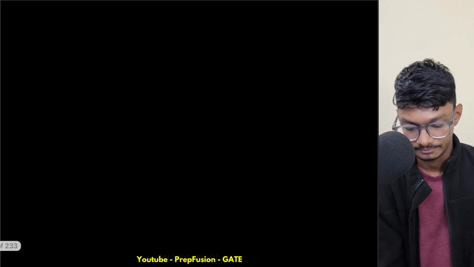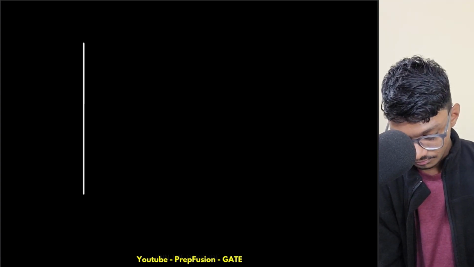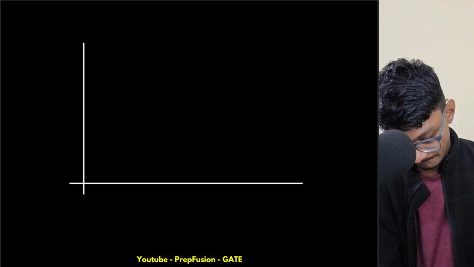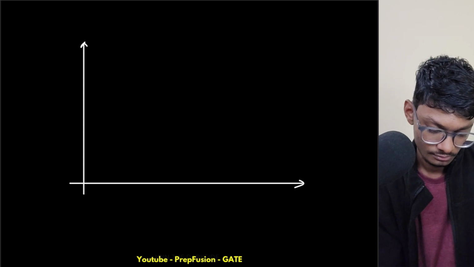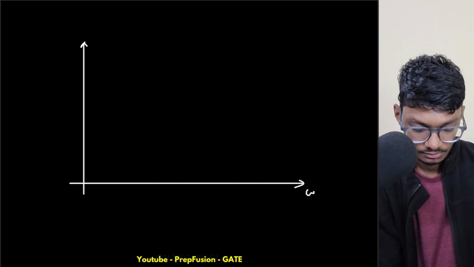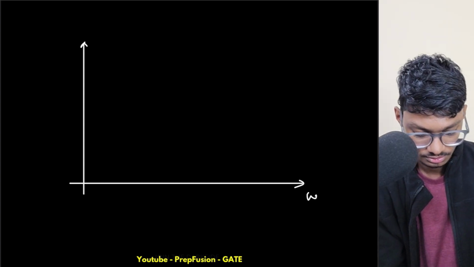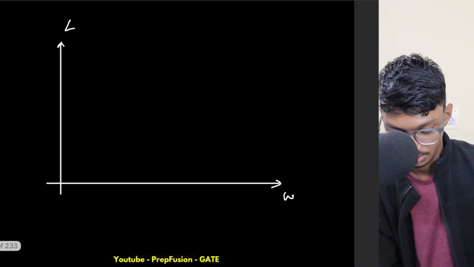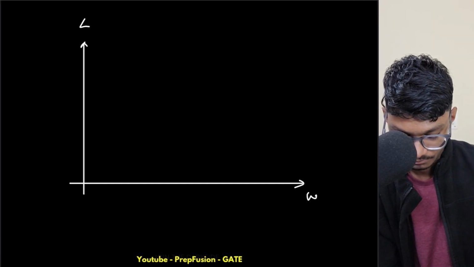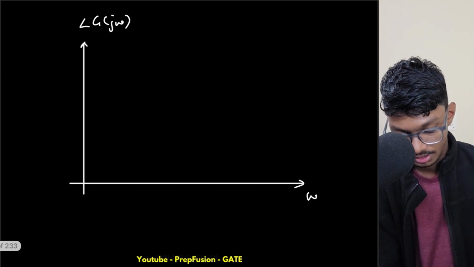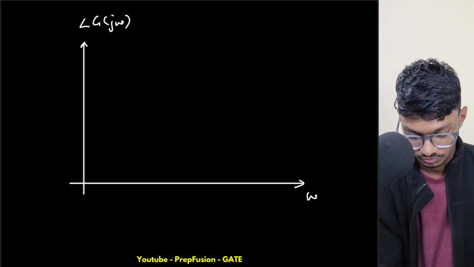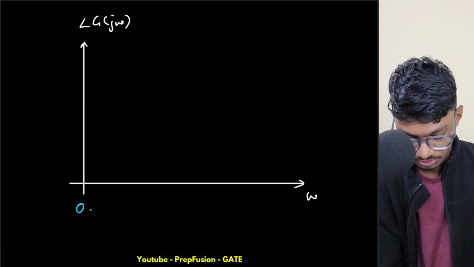So let's just plot the Bode phase plot. From there we'll compare. This is the angle of G(omega).